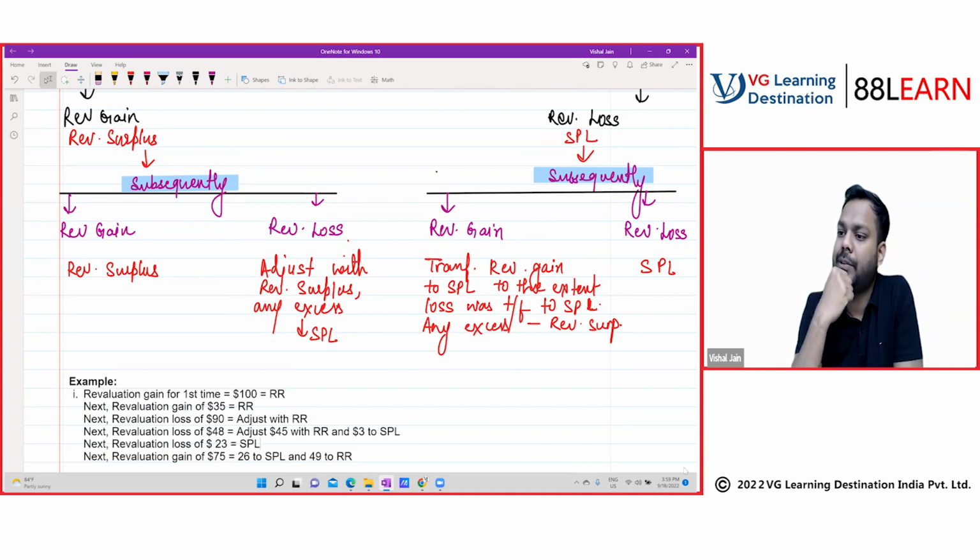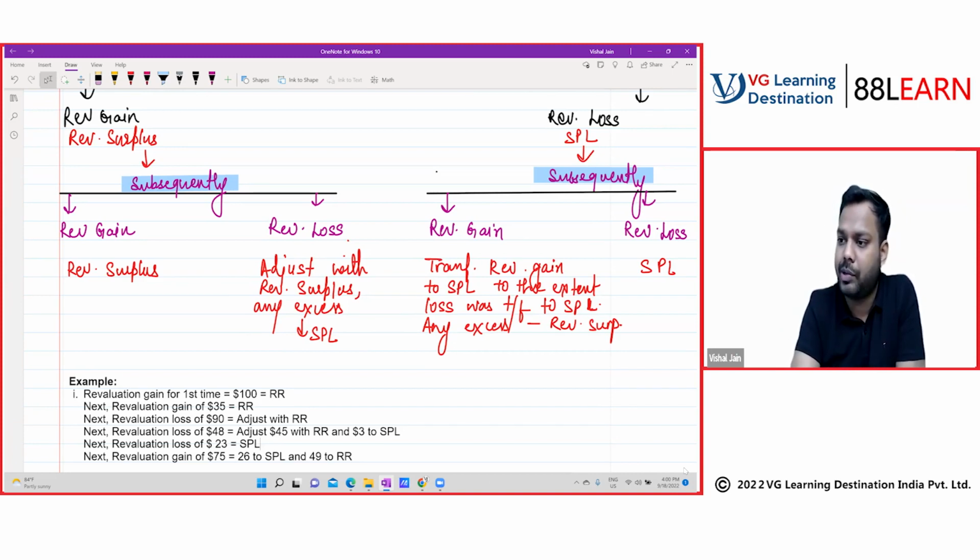Please confirm, guys. Okay. Safa, is it clear to you? Some part's not clear. Tell me which part is not clear to you.